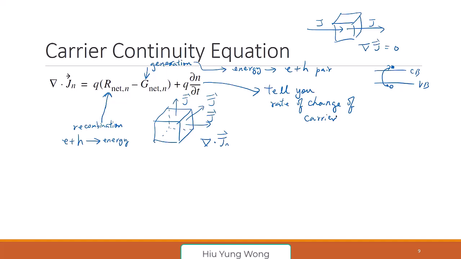I keep putting some particle into the box. I cannot put forever. In a steady state, there must be some mechanism to remove the particle. Otherwise, my box is going to explode. Okay? So the whole device physics is captured here. You solve the Poisson equation, and then you solve the carrier continuity equation. Then basically you solve everything.